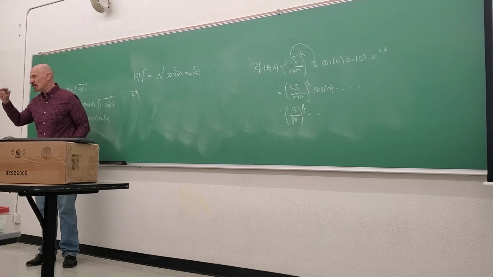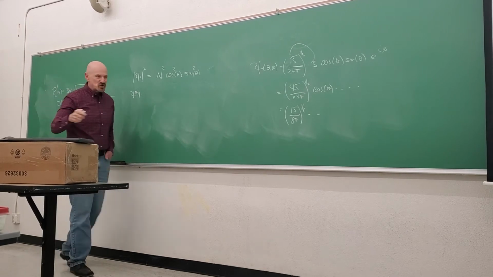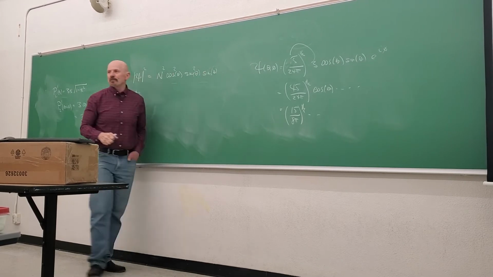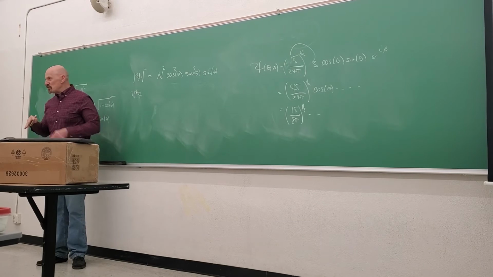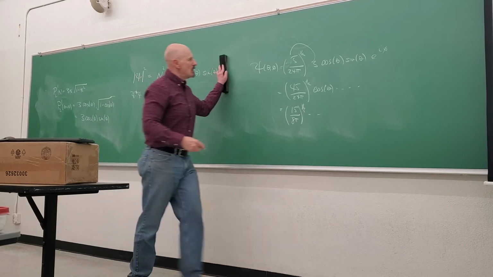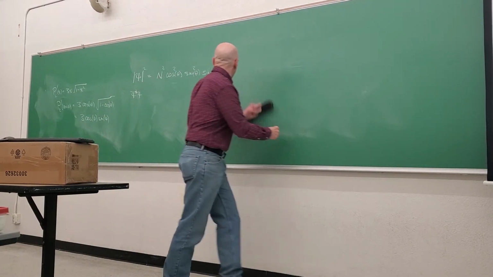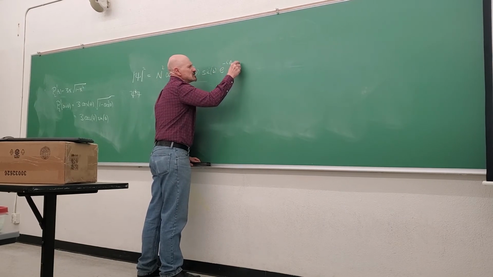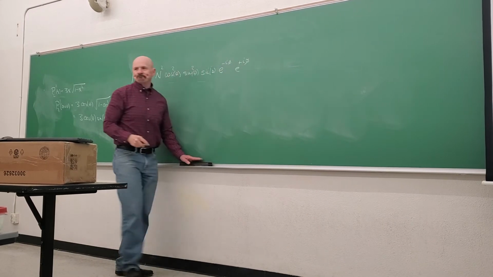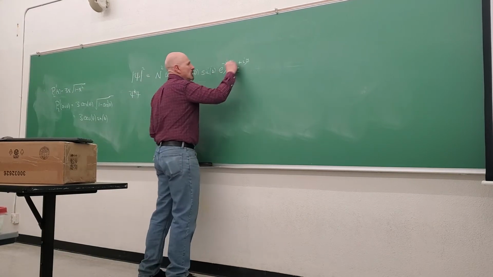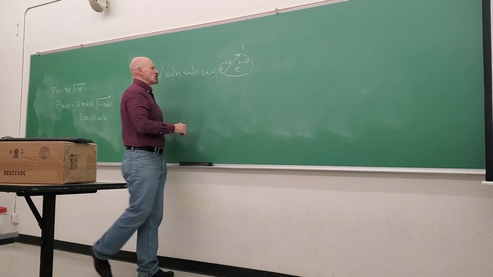To sample spherical space properly, we need a Jacobian, so I need another sine theta. Remember, spherical space has r squared sine theta. So whenever you play in space, you have to put that Jacobian in there. Now, I have an e to the minus i phi and e to the positive i phi, complex conjugates. So those together go to 1, so we don't have to worry about it.